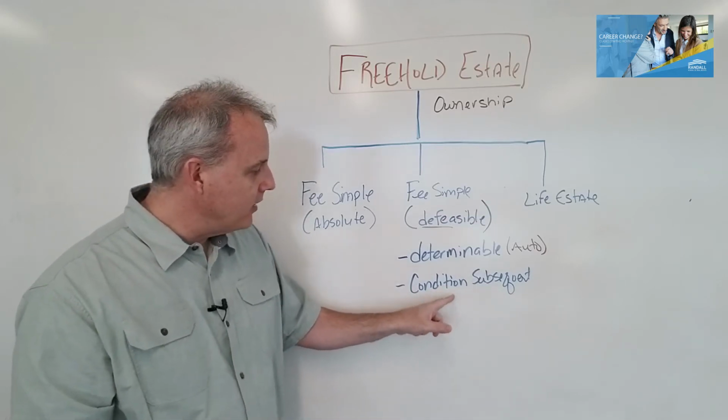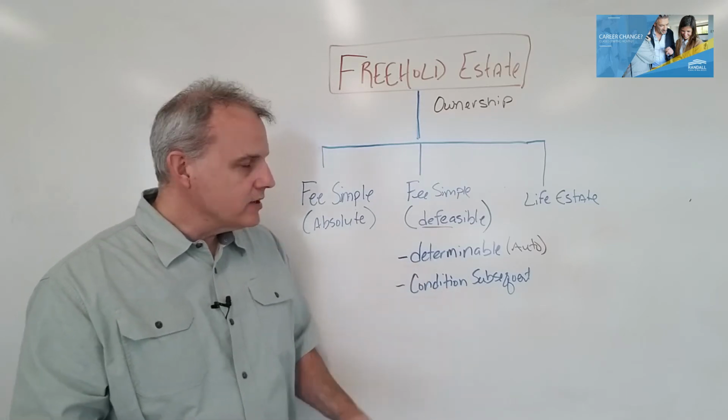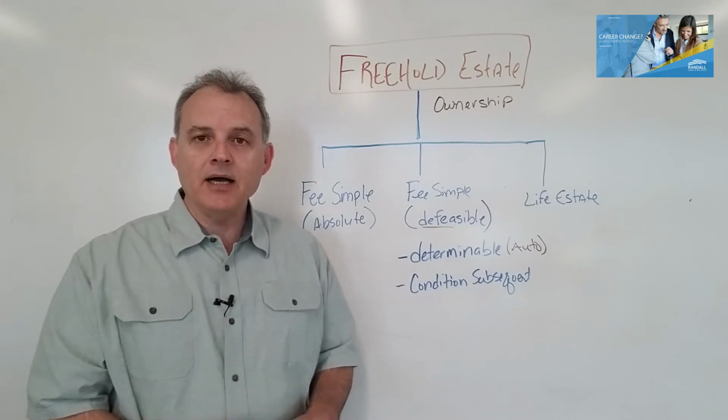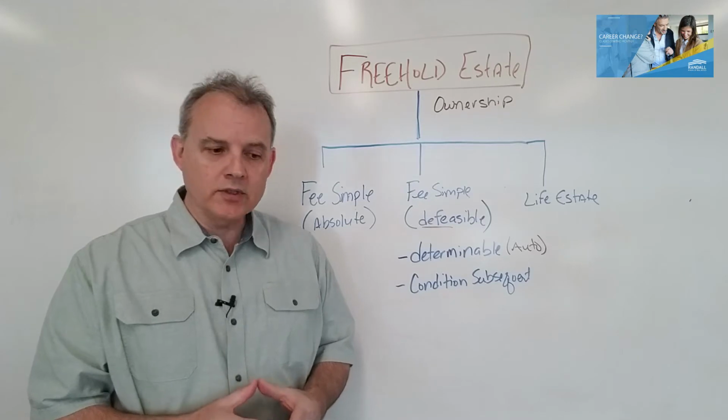So they would have to file suit to get the property back. Determinable, it's automatic. Condition subsequent, some type of action must be done by Tom Smith to get that park back so Tom Smith owns it.